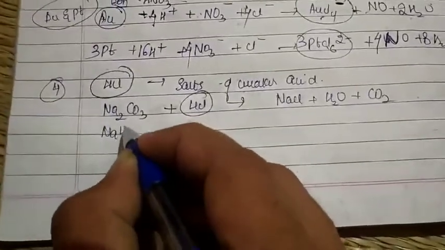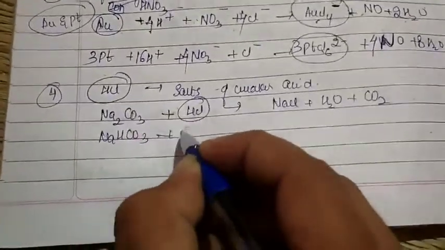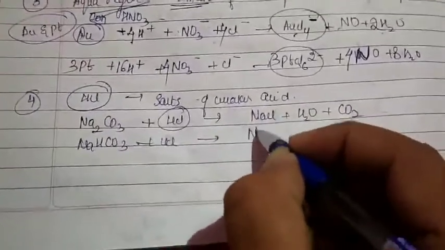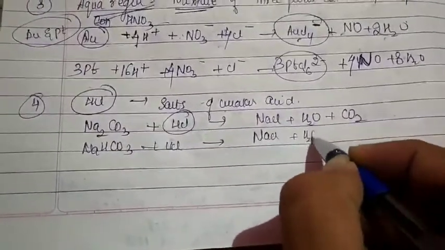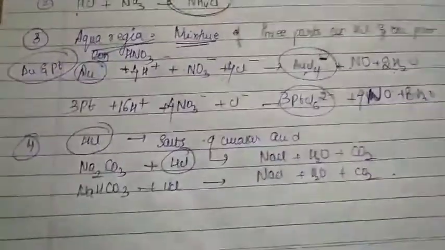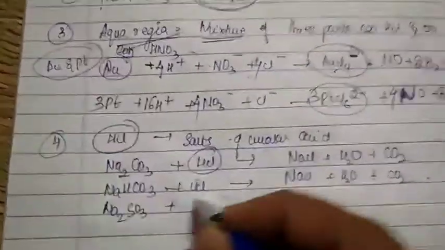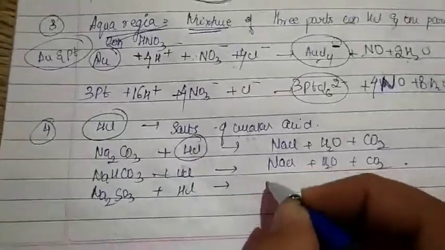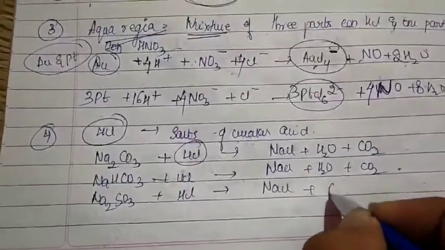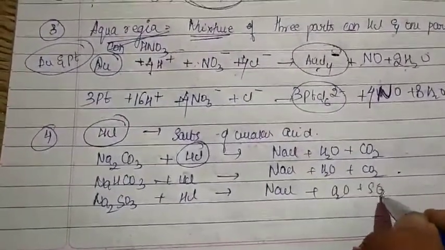Similar is the case, we can treat your sodium bicarbonate with your HCl. You're going to get NaCl plus H2O plus CO2. Even your sodium sulfite, Na2SO3, plus your HCl, you're going to get NaCl plus H2O plus SO2 gas.